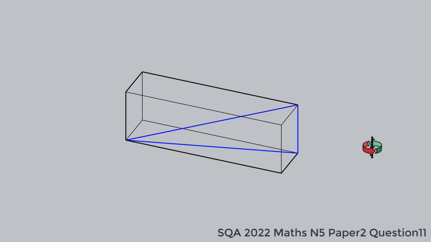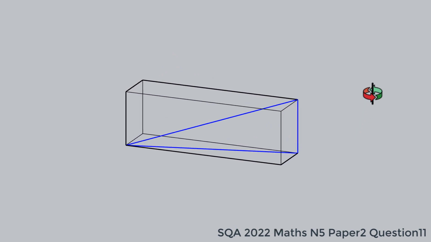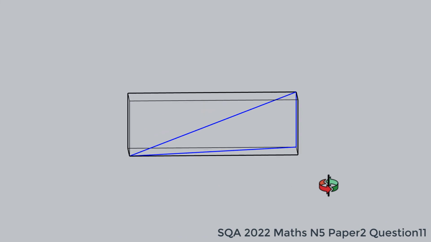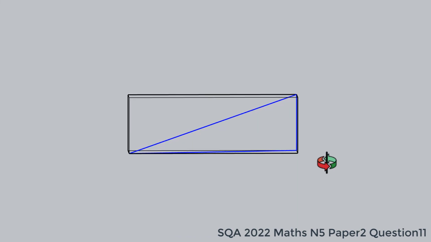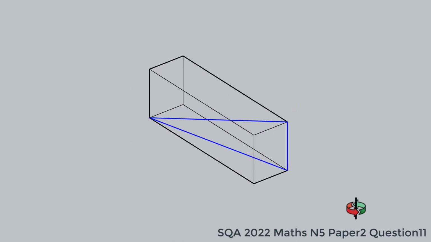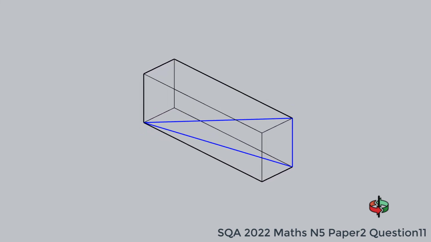Let's move around to see that one. If we move to this angle, we can see that triangle better. Right angle triangle sitting in the middle of that cuboid.